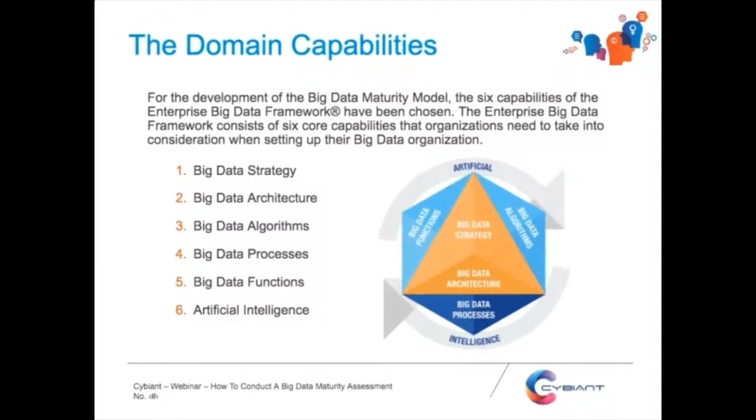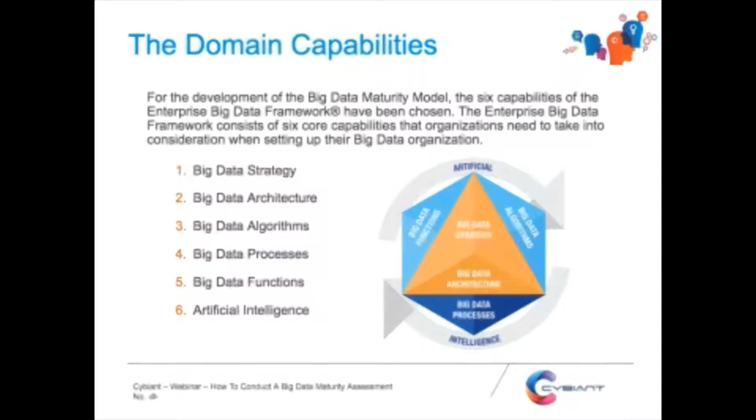And then last but not least, the sixth capability domain that we measure in a big data assessment is artificial intelligence. And artificial intelligence is always a topic that a lot of organizations are talking about, and it's a very hot topic today. But how we consider artificial intelligence is that it builds upon the foundation of all the other 5 blocks.